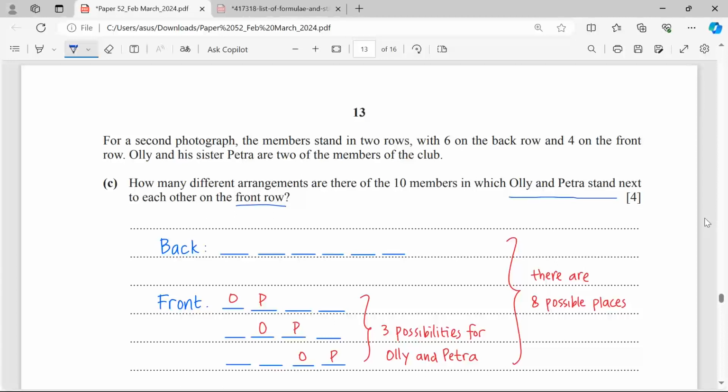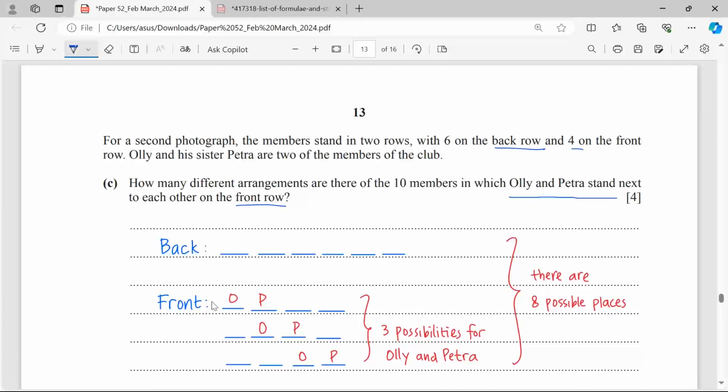Okay, we have 6 places for the back row. We can make it like this, and we have 4 places on the front row. And for the front row, we have Oli and Petra. So we can make it like this, Oli and Petra, or we can also have Oli and Petra here, and we can also have Oli and Petra here.